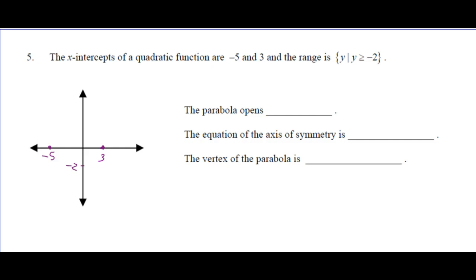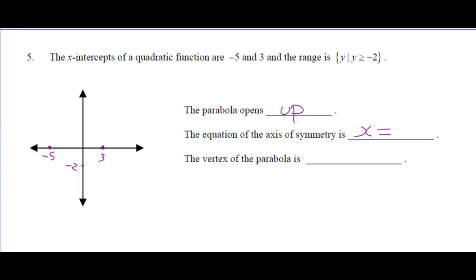So which way does the parabola open? Up, right? Because it's got to be above here, and it has x-intercepts. The parabola opens up. What's the equation of the axis of symmetry? -1. Now, you can't just say that. What do you got to say? x equals -1.